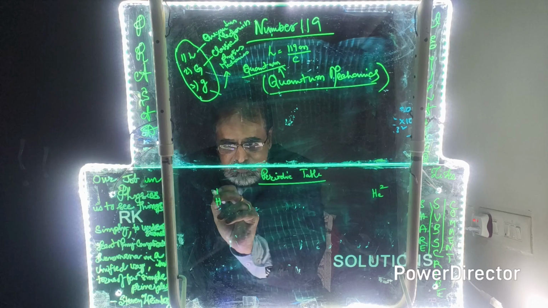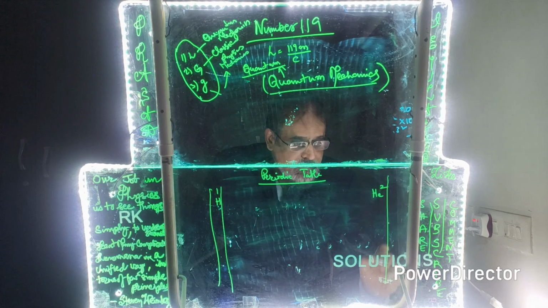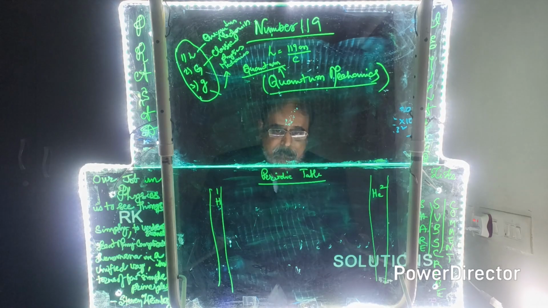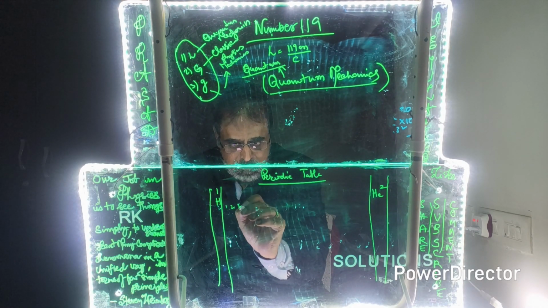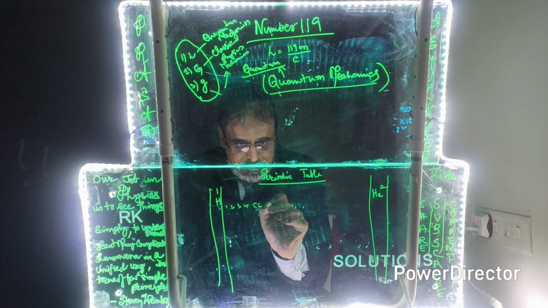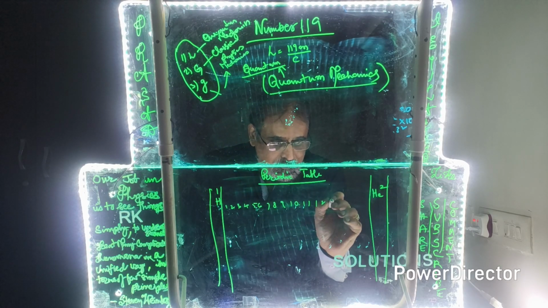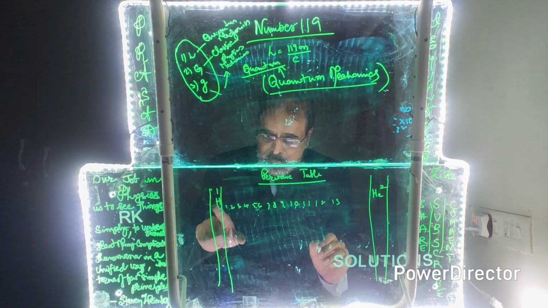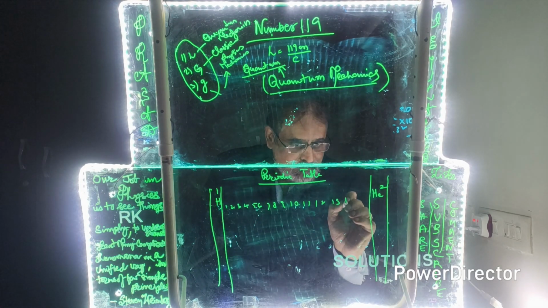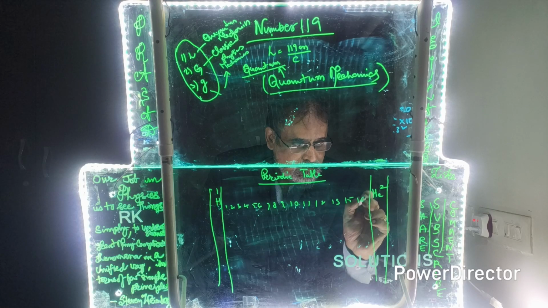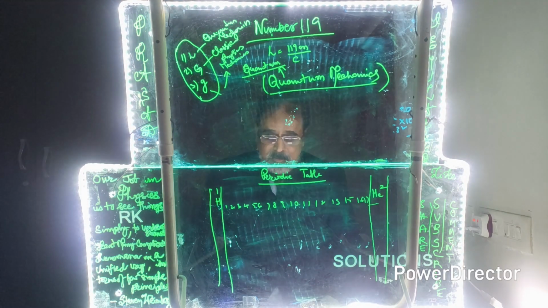They are arranged according to atomic weight, right? So now you have 1, 2, 3, 4, 5, 6, 7, 8, 9, 10, 11, 12, 13, then 14, 15, 16, 17, 18. This will be the 18th one, right?